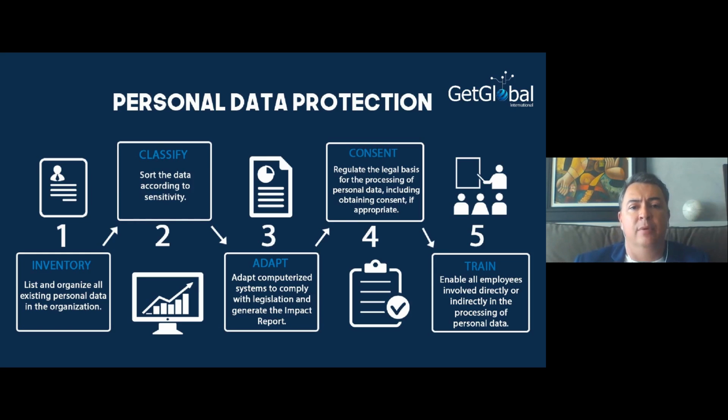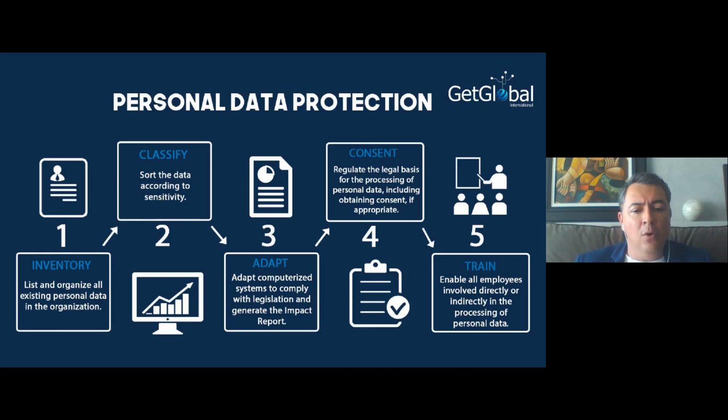The third step is pretty much when we are going to adapt the business operation to start complying with the data privacy law. What I mean by adapting: remember that during the first step, we were able to identify all the gaps. And how do we solve those gaps?